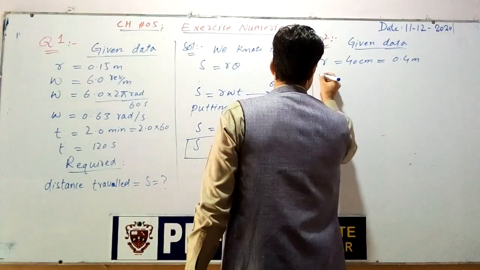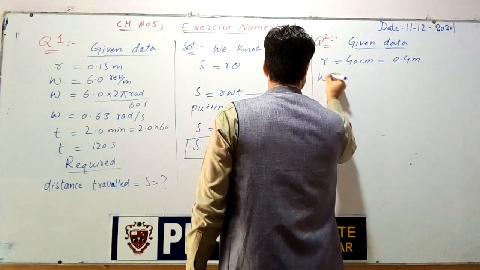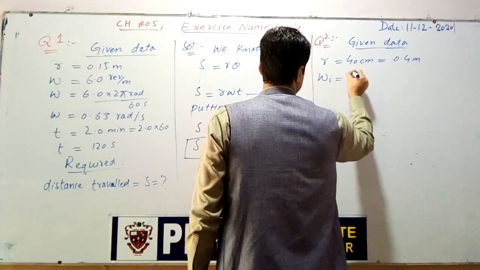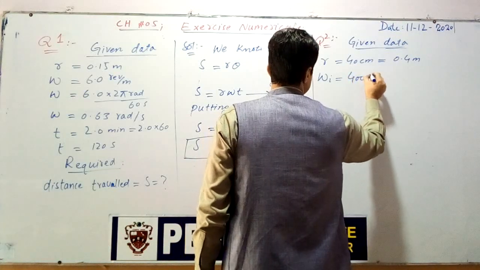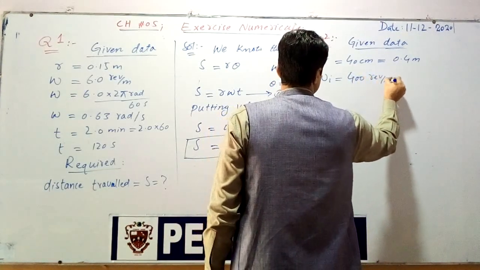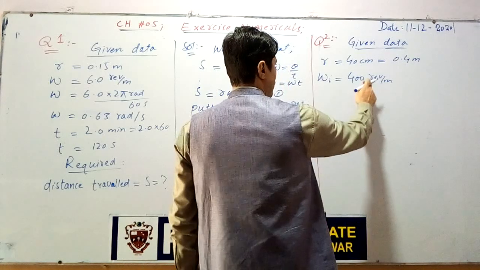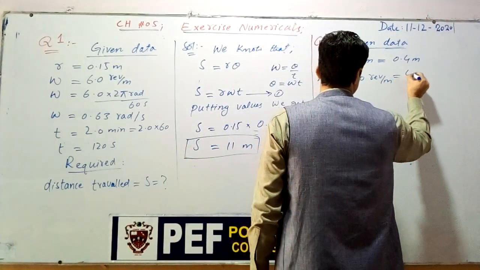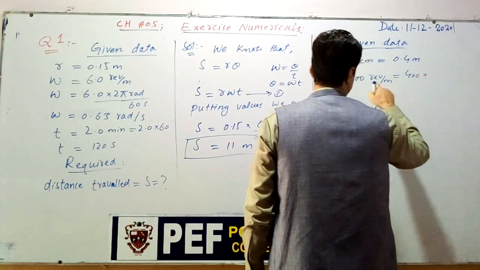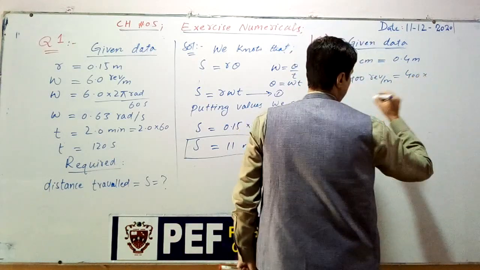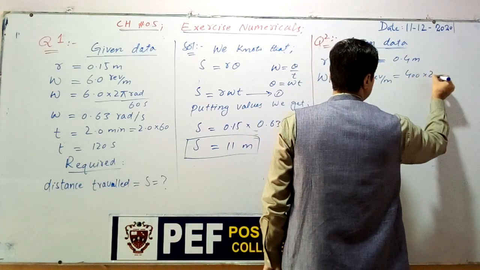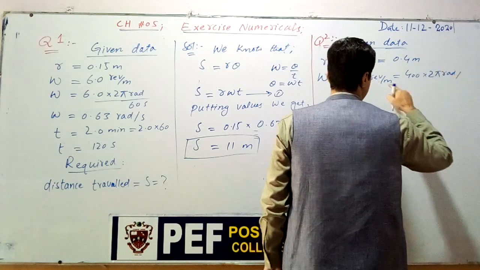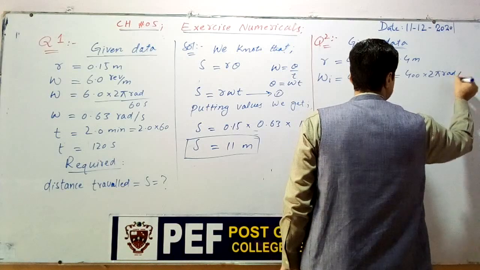So initially rotating, the initial angular velocity omega I is given, which is 400 revolution per minute. You have to convert this revolution per minute into radian per second: 400 multiplied by 1 revolution, which is 2 pi radian, divided by per minute, meaning 60 seconds.